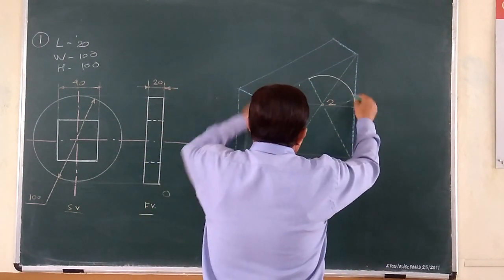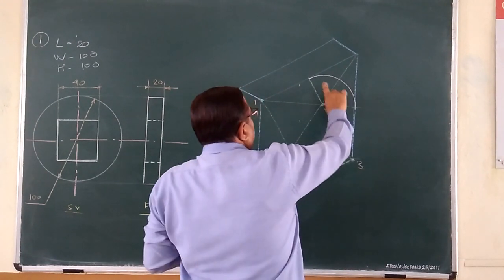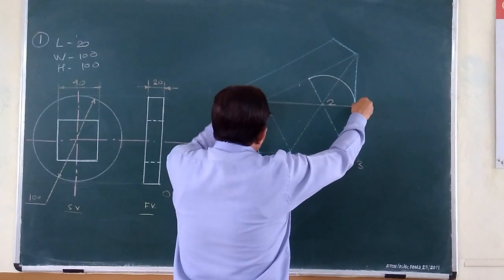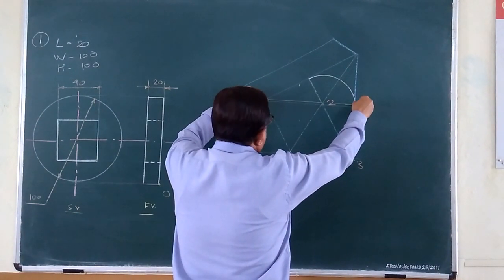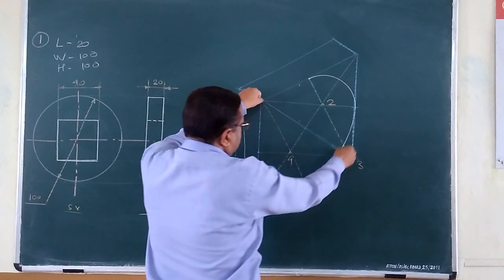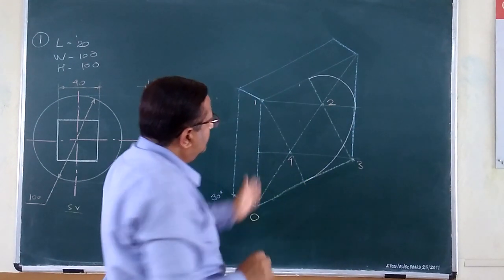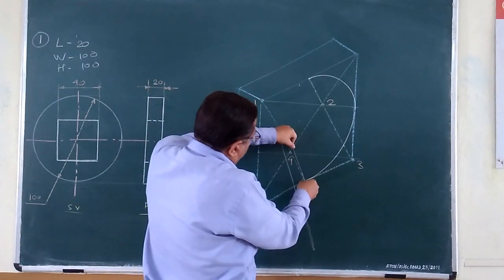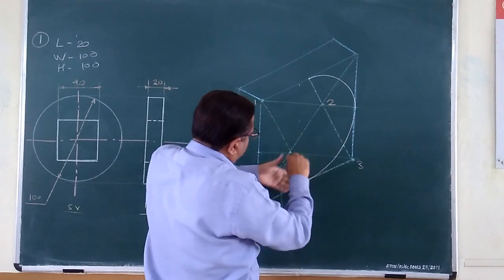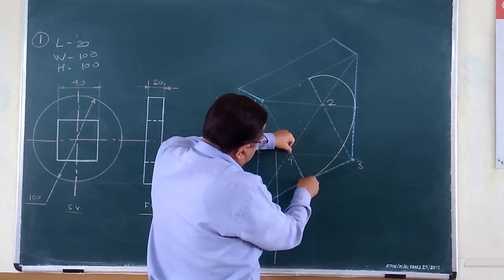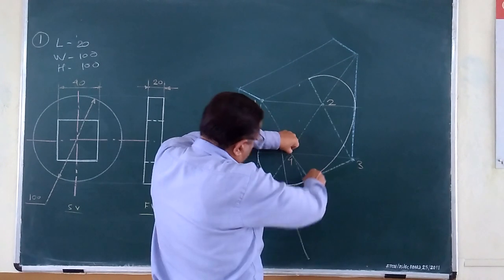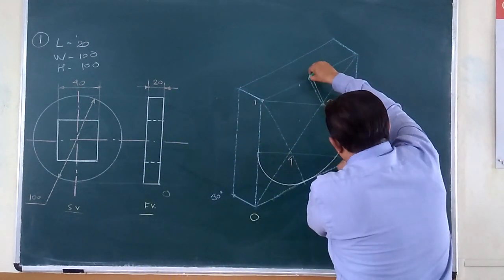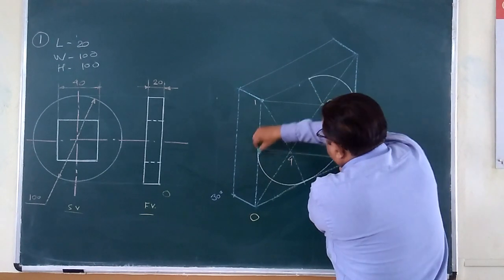Taking 2 as a center and this much as a radius, I have drawn this. Now the continuation of the same ellipse, by 1 as a center and this much as a radius, we get another quarter. The next quarter ellipse by 4 as a center and this much as a radius. And ultimately 3 as a center, joining these two extremes of curvatures.